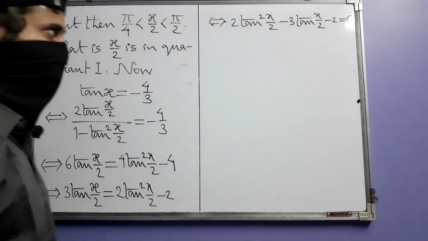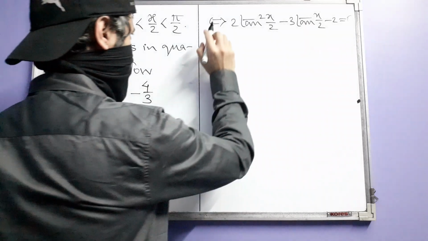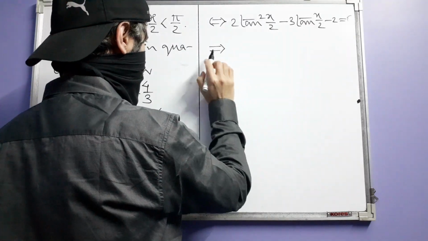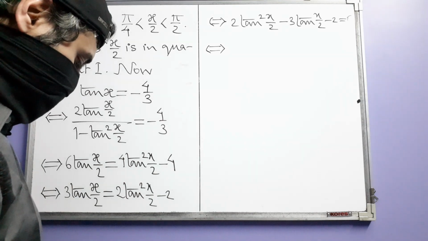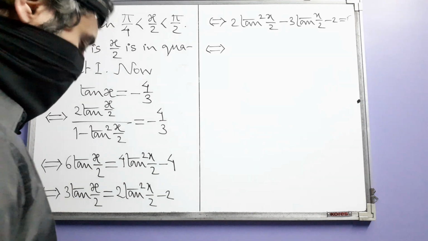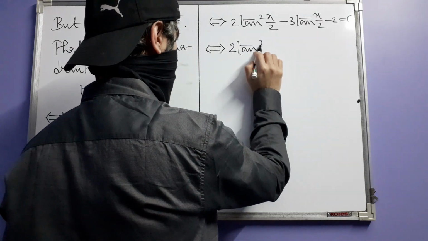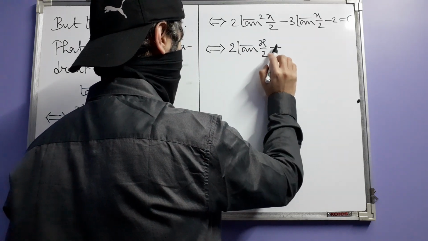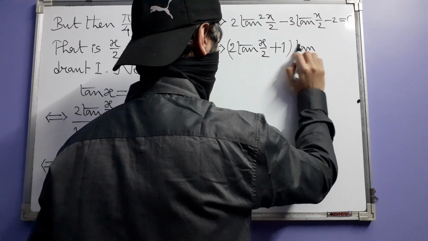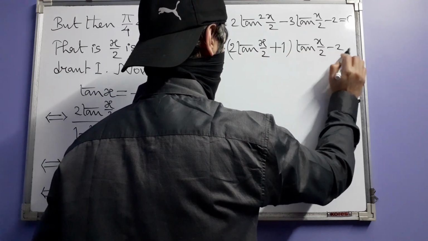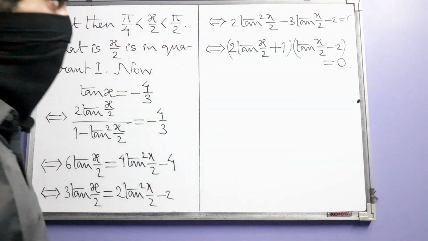So this is a quadratic equation in tan x divided by 2. We can do factorization. I am not going to waste time on this. I will just simply write what we finally find. Plus 1 times this is equal to 0.